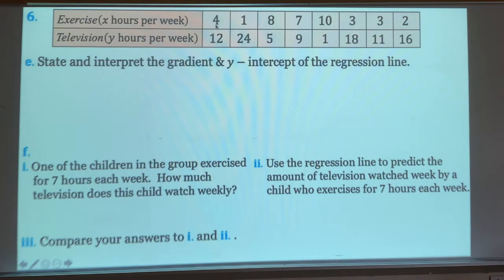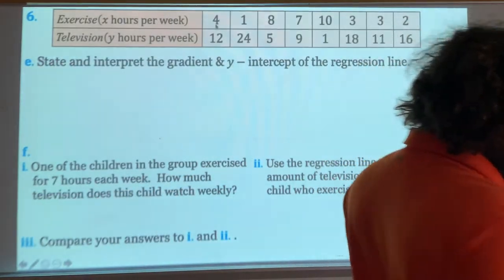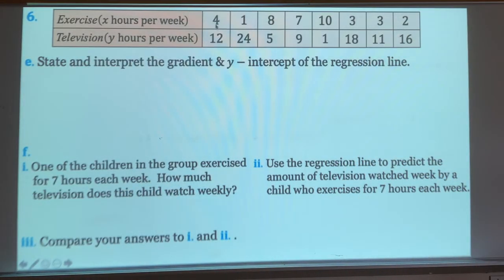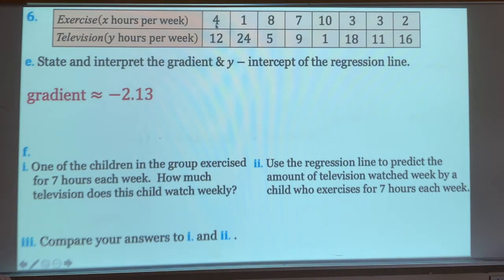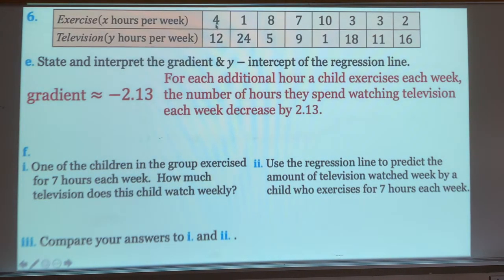Problem number 6E. State and interpret the gradient and the y-intercept of the regression line. The way this works is also fairly simple. We had the regression line. The gradient was negative 2.13.